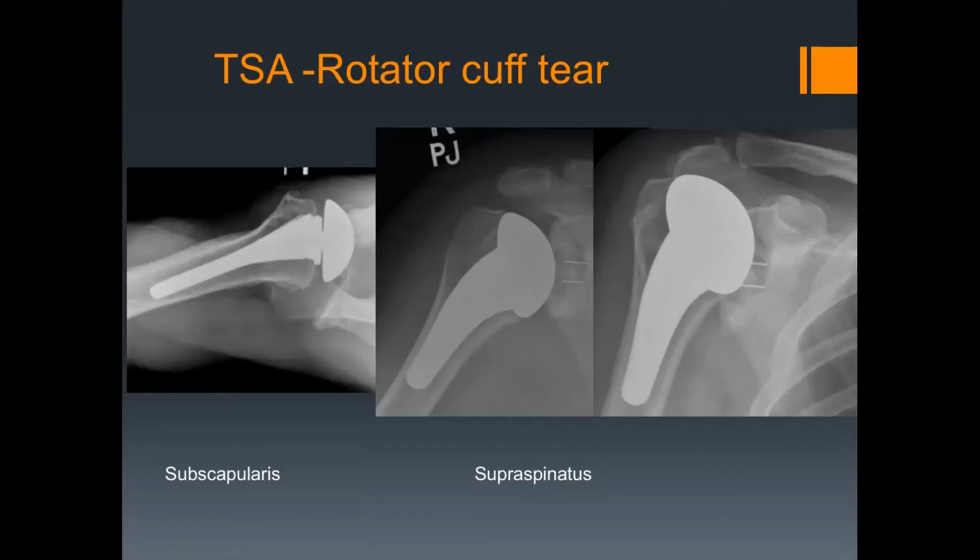This is an important complication because it also leads to loosening on the glenoid side, because as the humeral component tends to migrate, it causes what's called a rocking horse phenomenon on the glenoid, where it starts to rock the glenoid component, predisposing to failure.